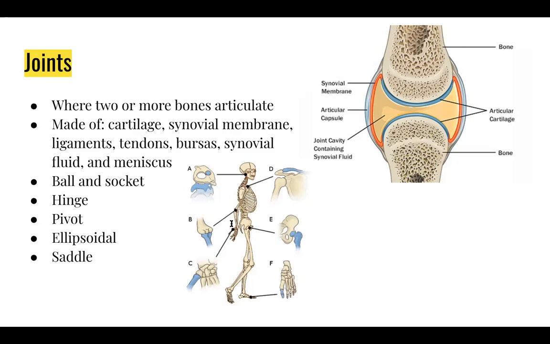Okay, so there's a question. What joint is shown in the diagram for C? If you guys want to answer that in the chat or unmute.